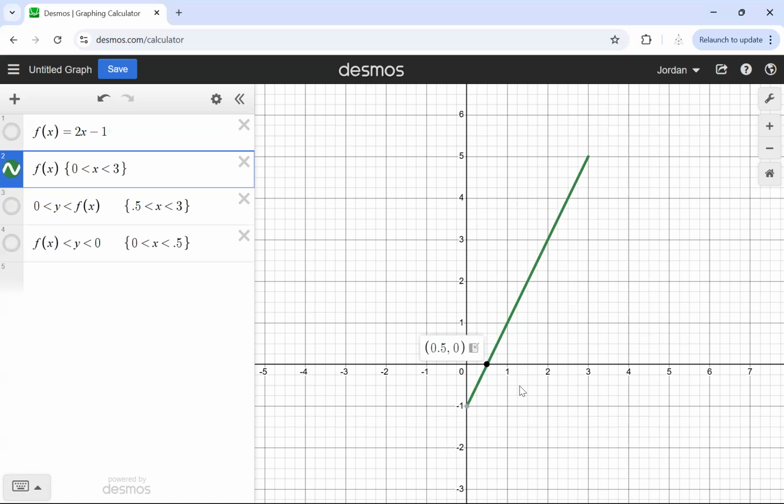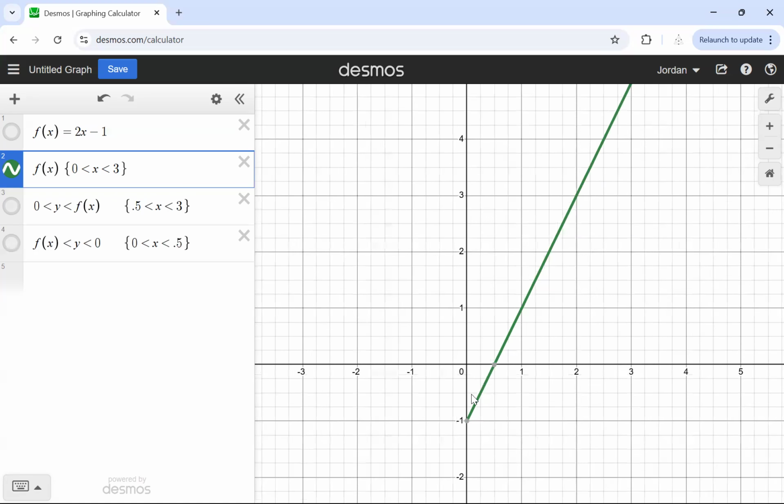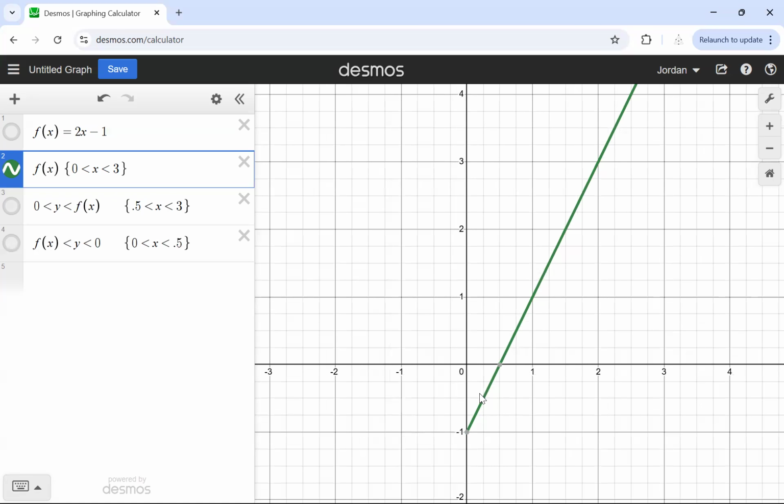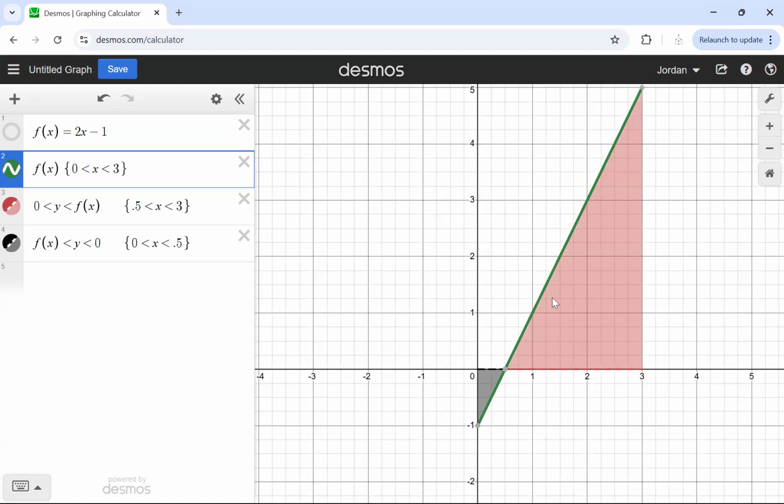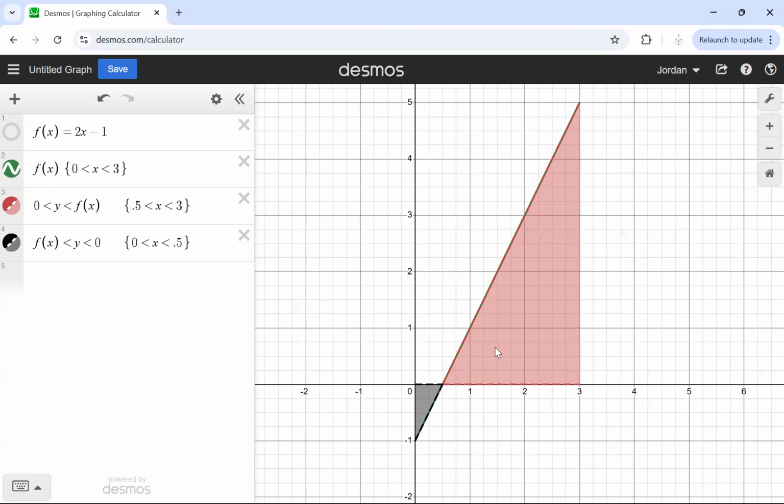So I'm going to break this up into two parts. One triangle that's created from our line being below the x-axis, and one triangle from above the x-axis. So there we go. The triangle that's below has essentially height of 1 and base of 1/2 or 0.5.